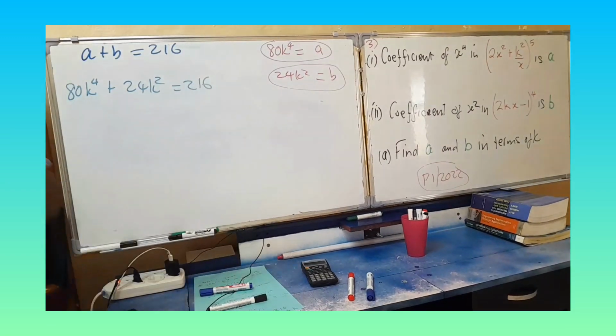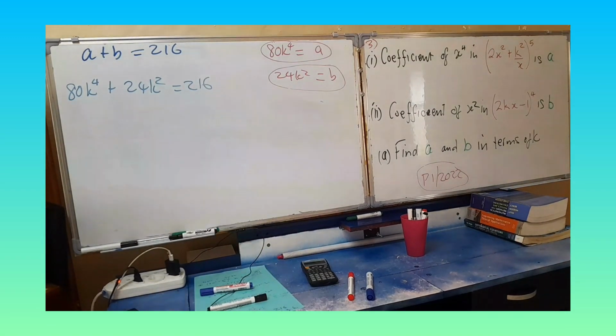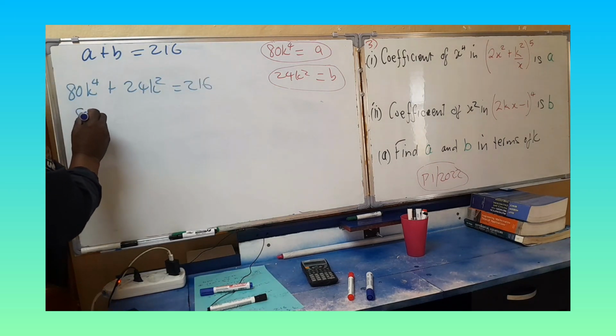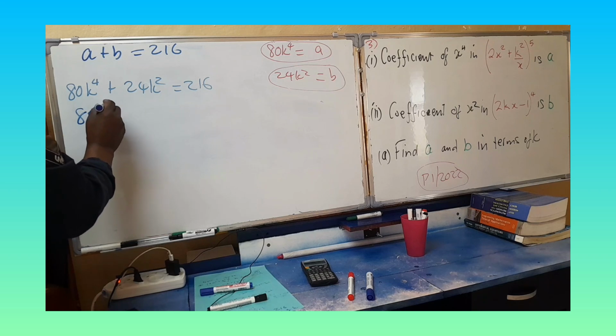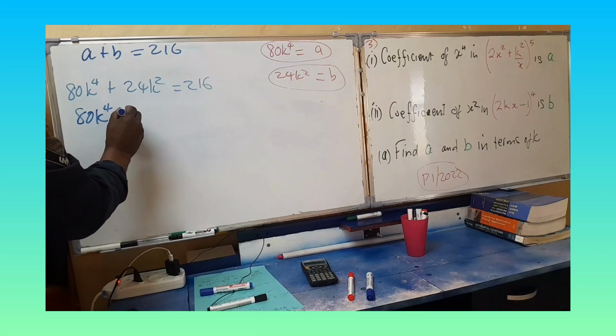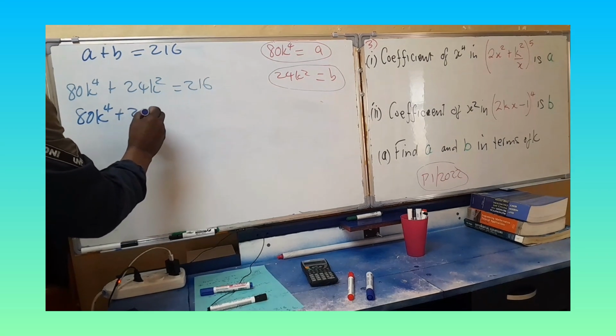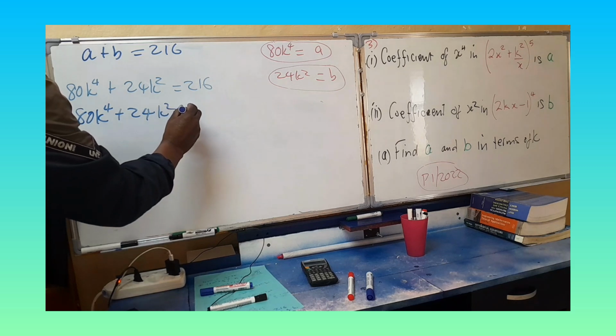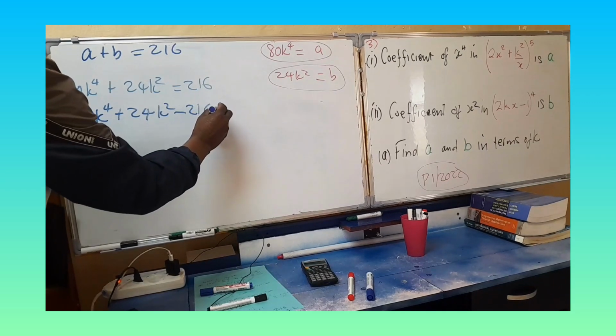We can, of course, bring the 216 over this side. So 80k to the power 4 plus 24k squared minus 216 is equal to 0.